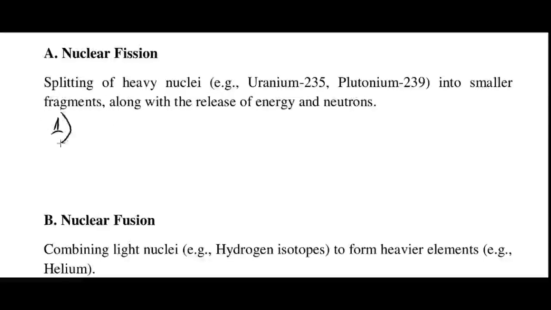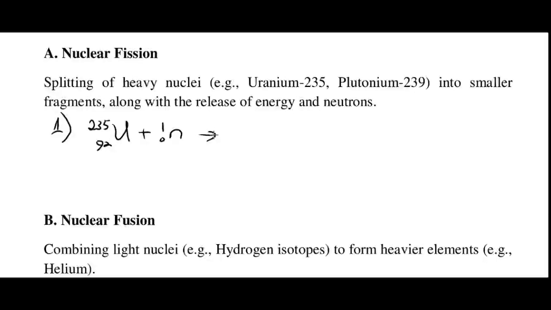The first, let's use uranium-235. When uranium-235 absorbs a neutron, it can undergo fission, all right? So this is uranium with the molar mass of 235 and atomic number of 92 plus neutron, all right?